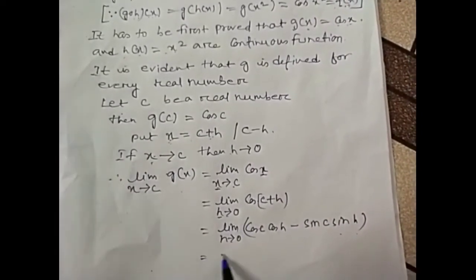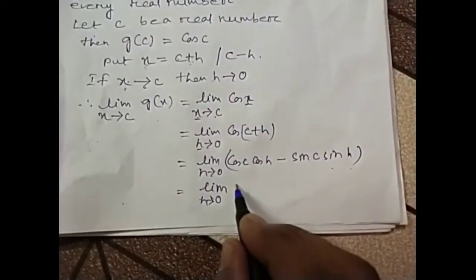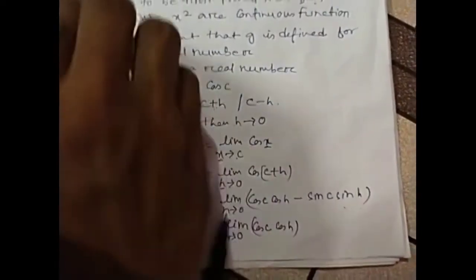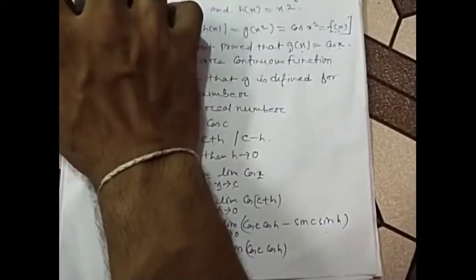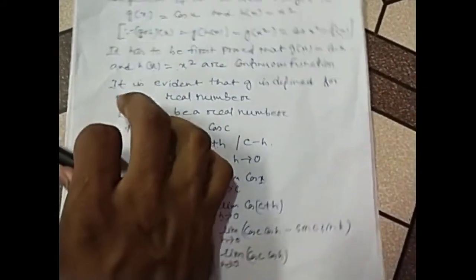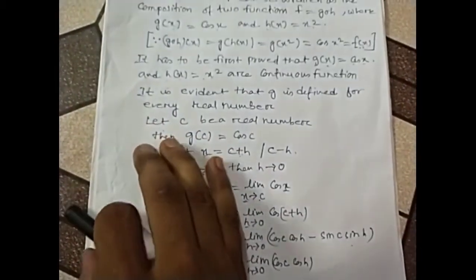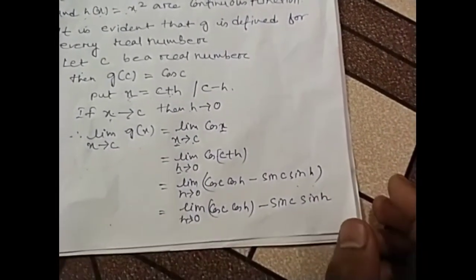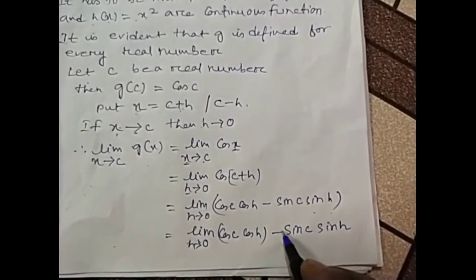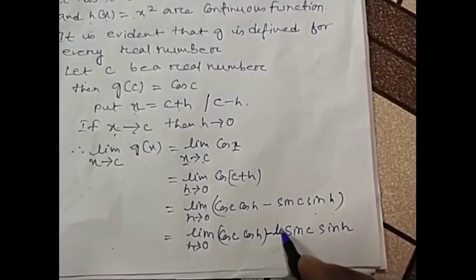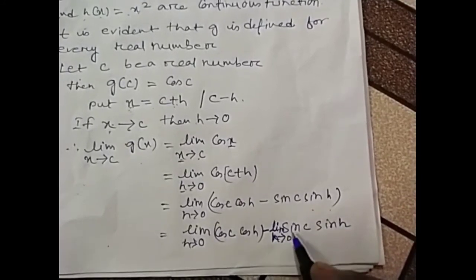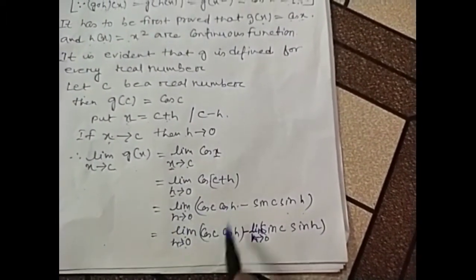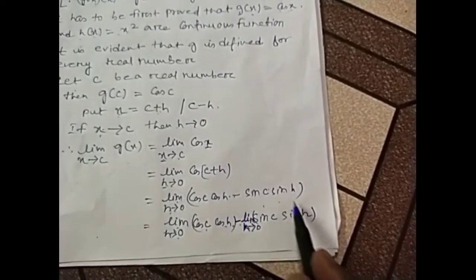Now separate it: limit h tends to 0 of cos c cos h, minus limit h tends to 0 of sin c sin h. The limit of these two you can separate.